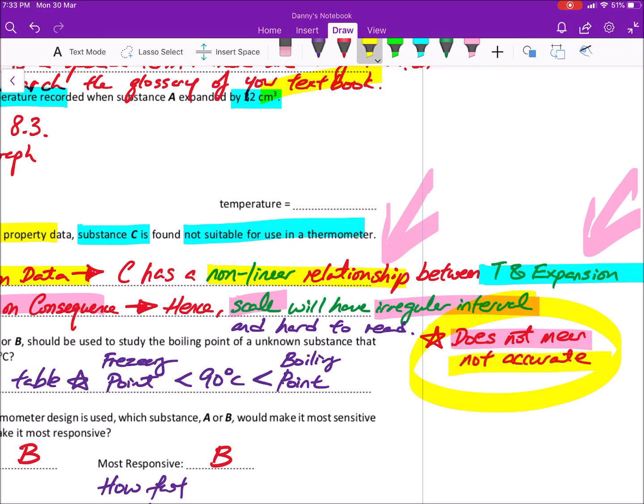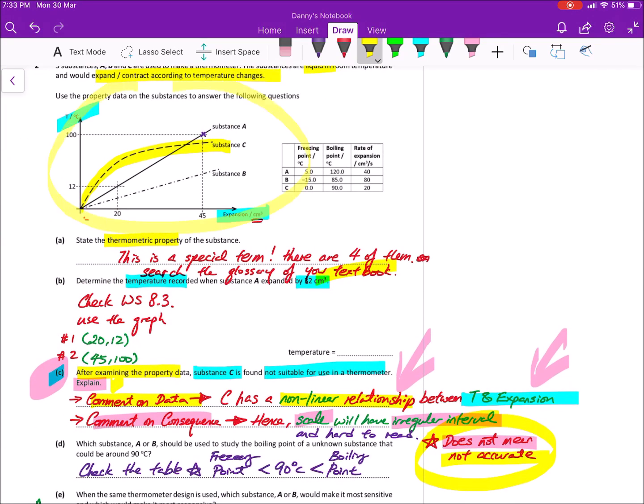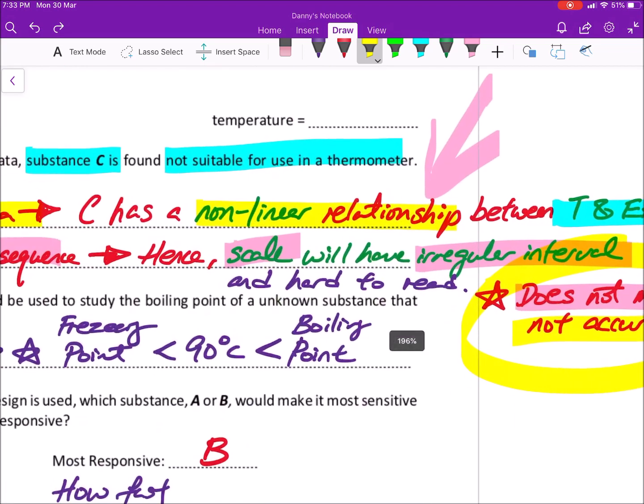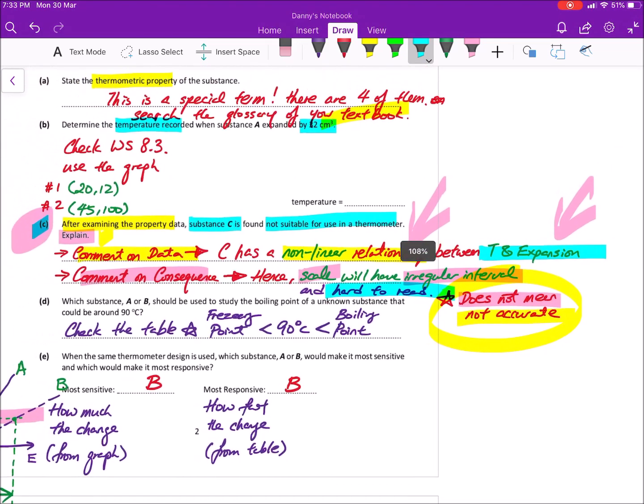Whether it is accurate or not depends on the procedure of you obtaining this graph. And since you don't have that information, you cannot claim that the instrument is inaccurate. But having an irregular scale, you can conclude that it is very hard to read. So that is your consequence and how to phrase your data.